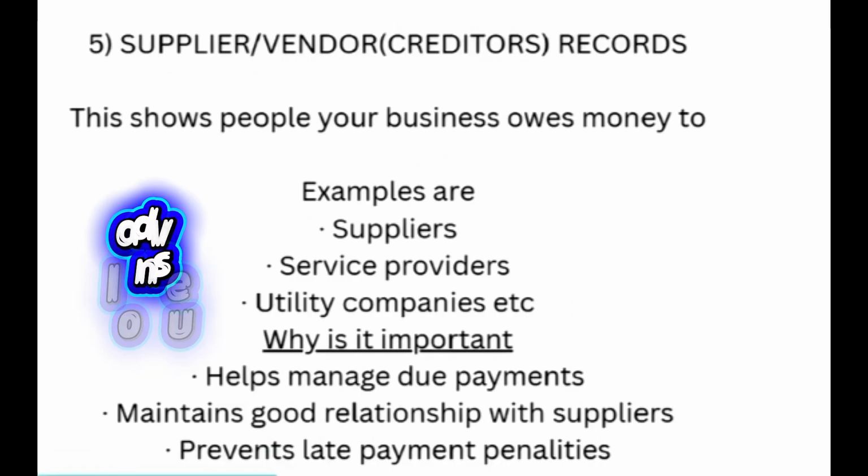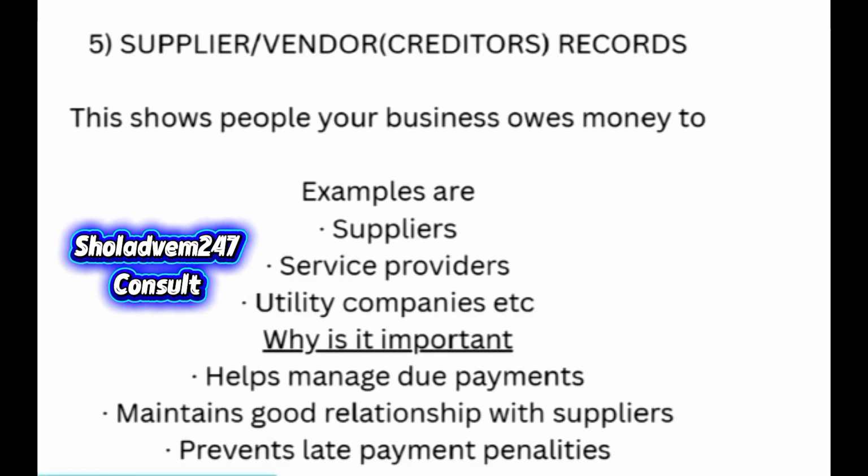The next one is supplier or vendor records. This kind of record shows people your business owes some amount of money. Once you have your supplier records, it will display those that you yourself as a business owner, or your own business entity, are owing some amount of money.